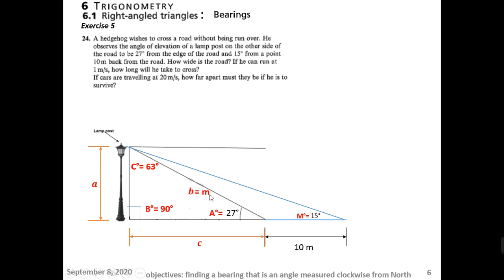So B is equal to M. Now, this angle, if I name it n, how can I find the value of n? As you can see, n and A are angles on a straight line. So angles on a straight line add up to 180. So if I subtract 27 from 180, I will find n as 153.